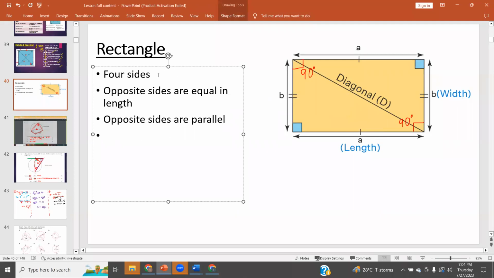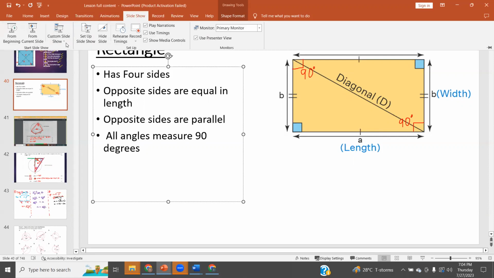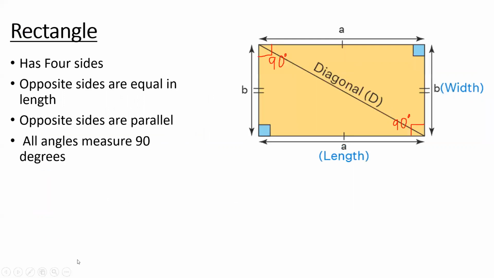It has 4 sides, its opposite sides are equal in length, opposite sides are parallel, and all angles measure 90 degrees. Okay, that's important. So all angles measure 90 degrees.